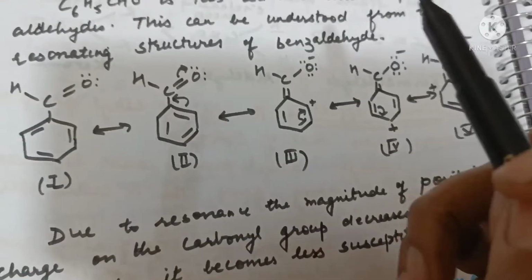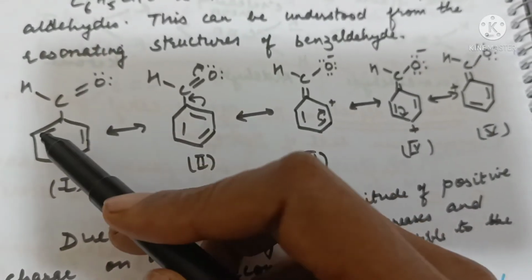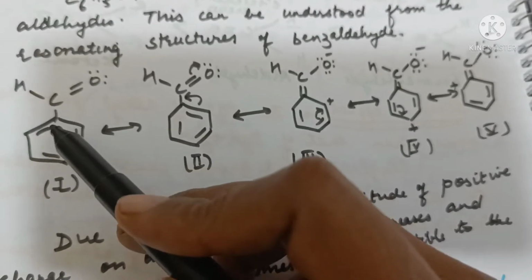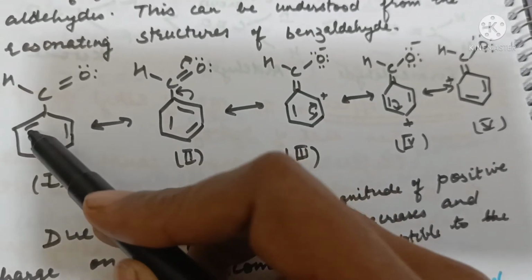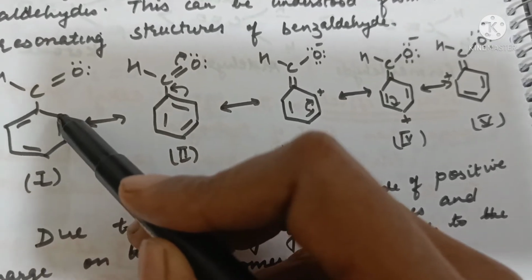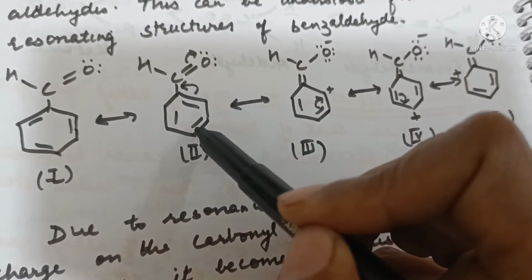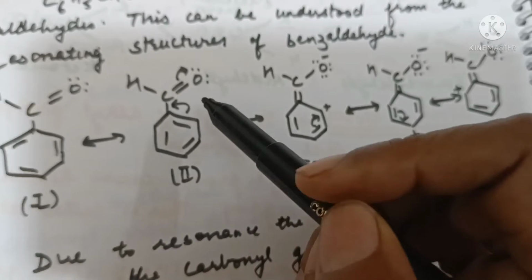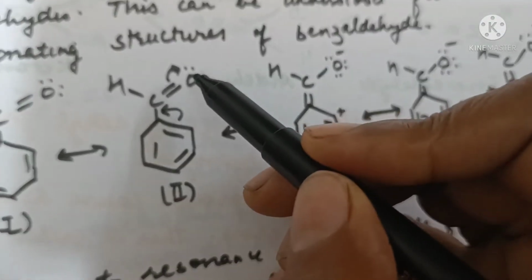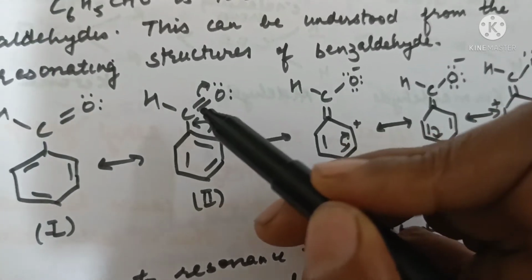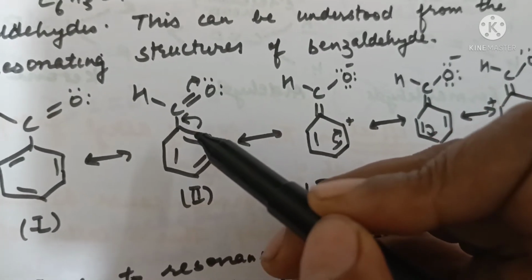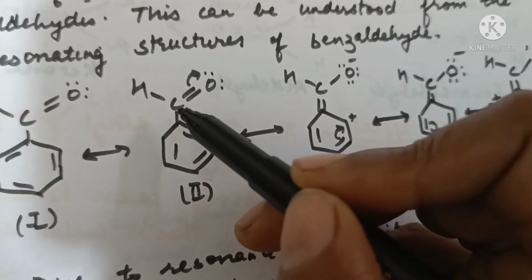So, of the 5 resonating structures that you draw, the first is a carbonyl group and phenyl group with 3 double bonds. The second structure will be where the double bonds have moved to alternate positions, and in the next structure we can construct by shifting these electrons to the more electronegative oxygen atom, because of which there's a positive charge here, so the electron of the next double bond will move here.